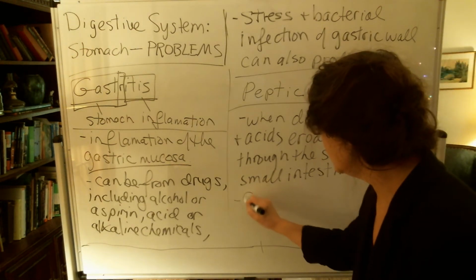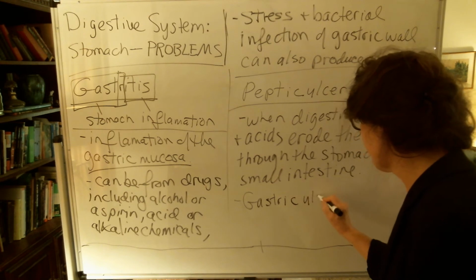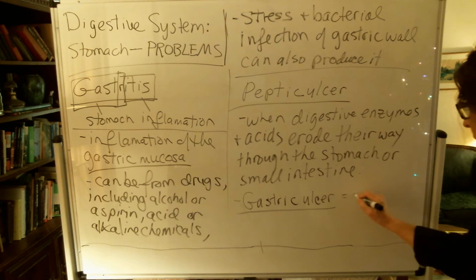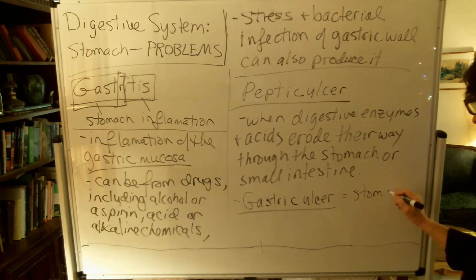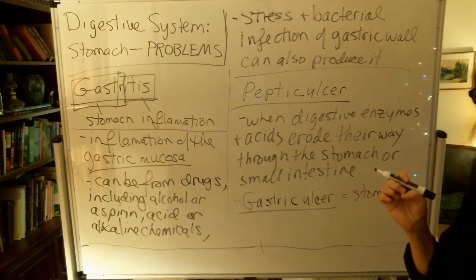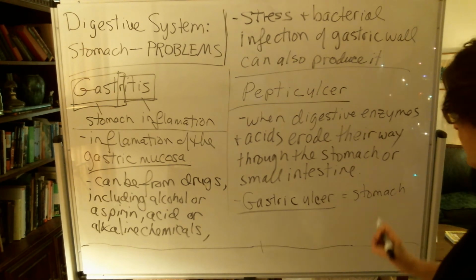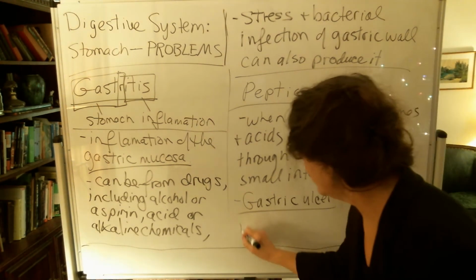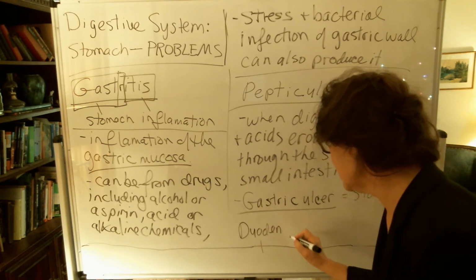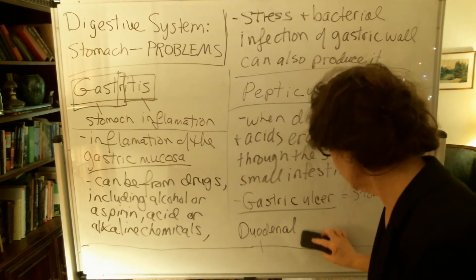So then a gastric ulcer is when you have this kind of an ulcer. An ulcer is basically an eroded portion, a small hole or irritated area. That's what a gastric ulcer is, and then the same thing in the first part of the small intestine is known as a duodenal ulcer.